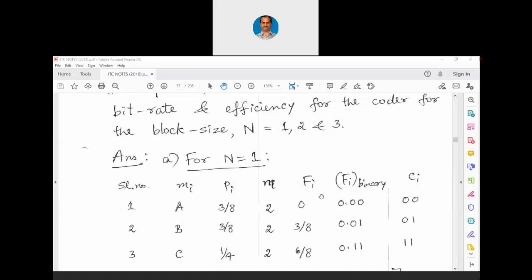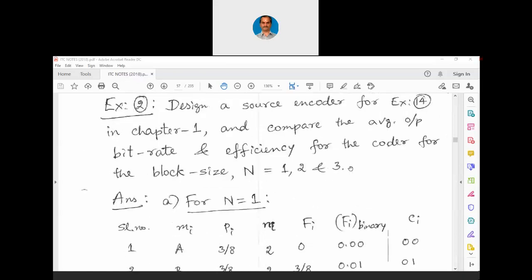That doesn't matter. But next problem is we will have to have a block size of n equals 2 and we will have to have a block size of n equals 3. You remember the same exercise where we had written a tree diagram and using the tree diagram for sequences of AA, AB, AC, we had computed the information rate. And even for AAA, AAB, AAC, for the 3 symbol sequence also, we had computed the answers there.